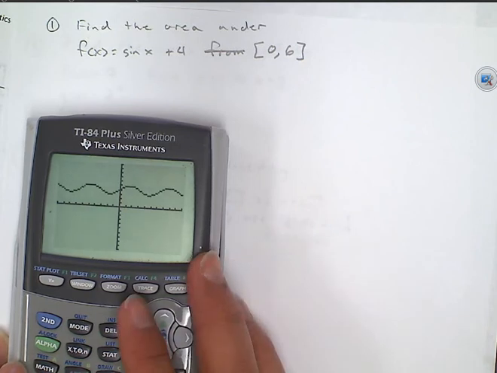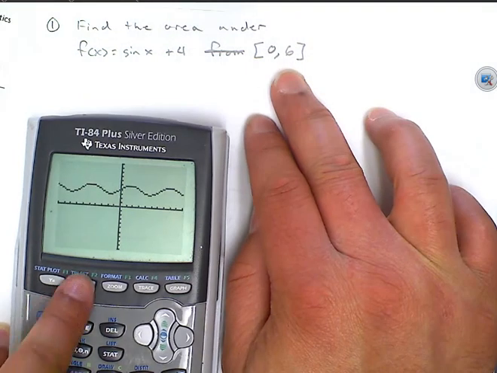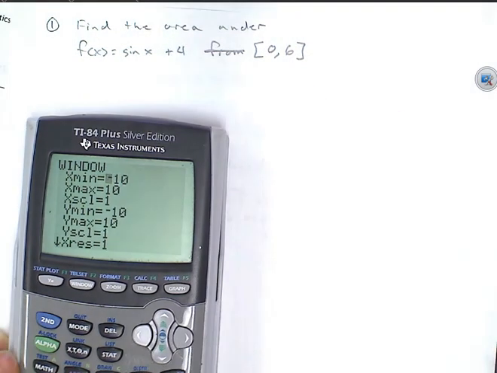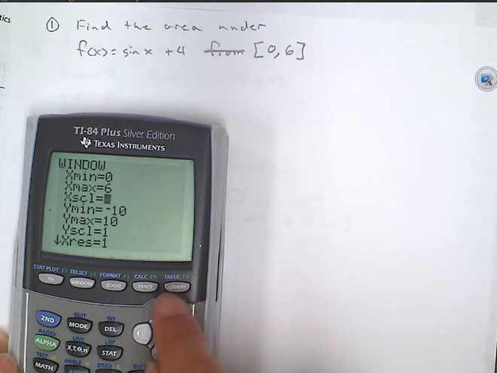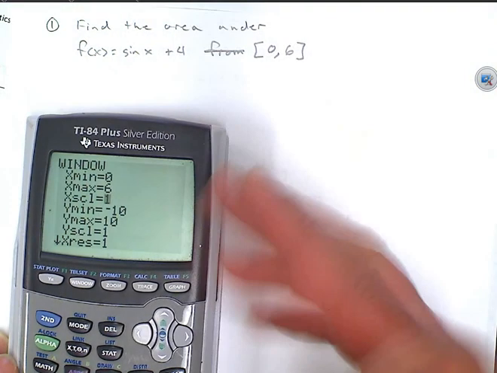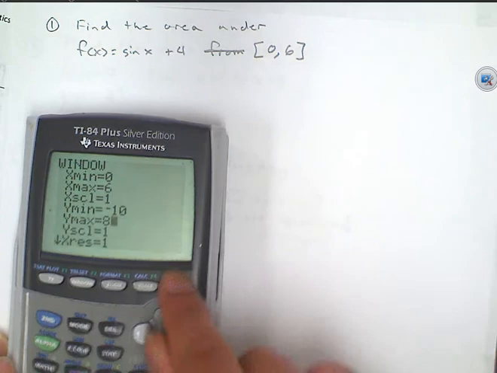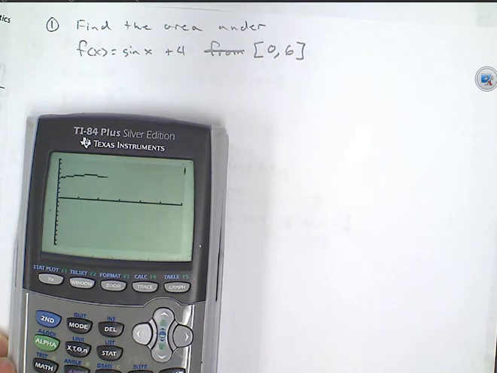Now, notice I only need from 0 to 6, so I'm going to go window, x min 0, x max 6, and I think I can maybe restrict my height of the graph to probably 8. We'll try 8, and there you go. You got a pretty nice sine wave right there.